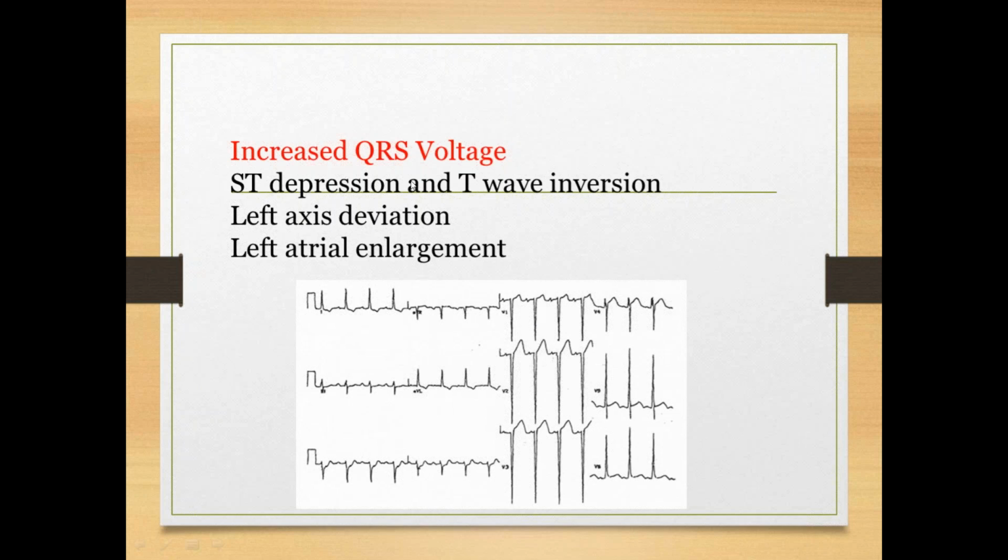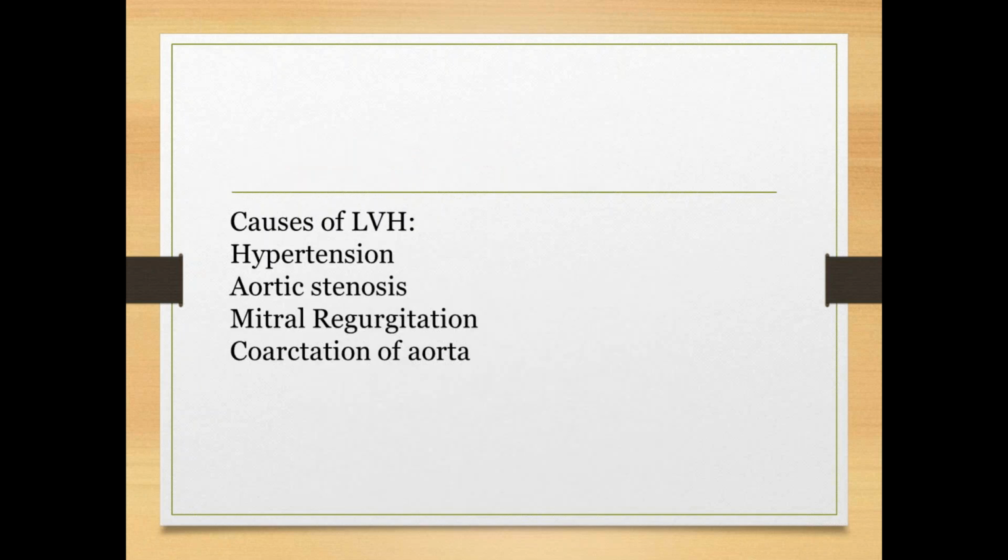Along with that, you can find ST depression, T wave inversion changes, left axis deviation, and left atrial enlargement. Causes of LVH are hypertension, aortic stenosis, mitral regurgitation, and coarctation of aorta.